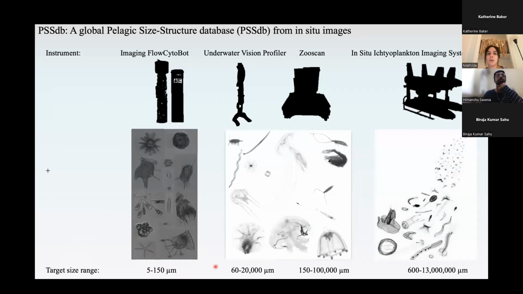And then the underwater vision profiler and the ZooScan will be used to detect organisms from 100 micron above to a few centimeters length. And the in situ ichthyoplankton system will be used for fish larvae or even fish or jellyfish, so for the largest organisms.